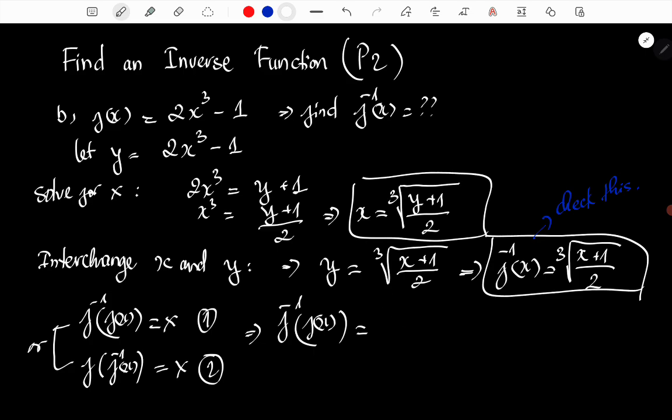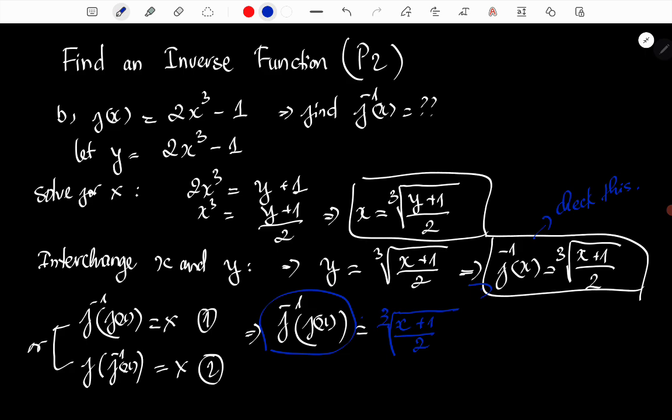How? So we have the inverse function, the one right here we just found, so we can simply write it down. We have the cube root of (x plus 1) divided by 2.